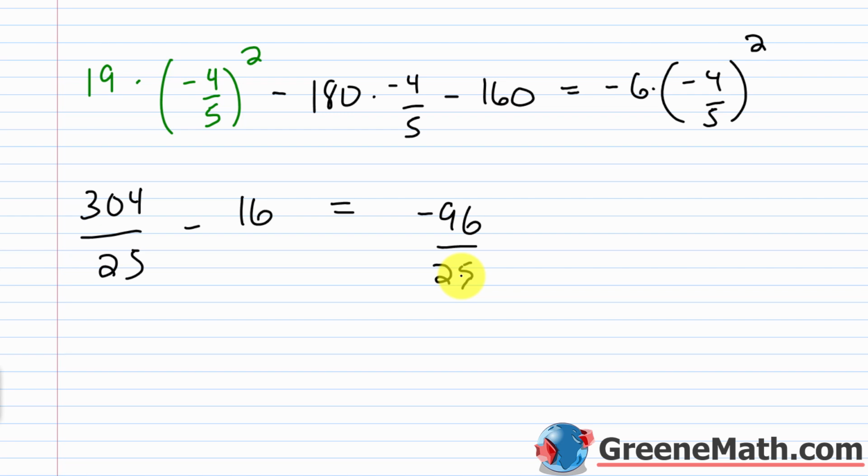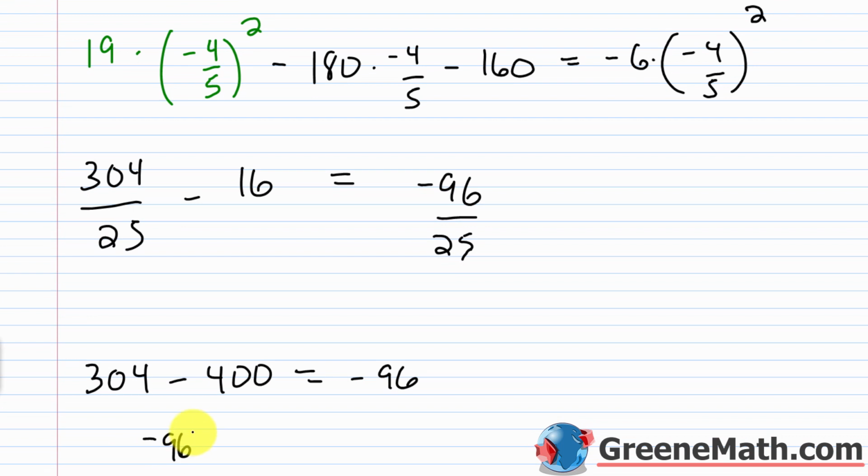I can get a common denominator going and perform the subtraction, or I can multiply both sides by 25. Same thing either way. If I multiply both sides by 25, I'm going to have 304 minus 25 times 16 is 400 is equal to negative 96. And you'll see 304 minus 400 is negative 96. So you get negative 96 equals negative 96.